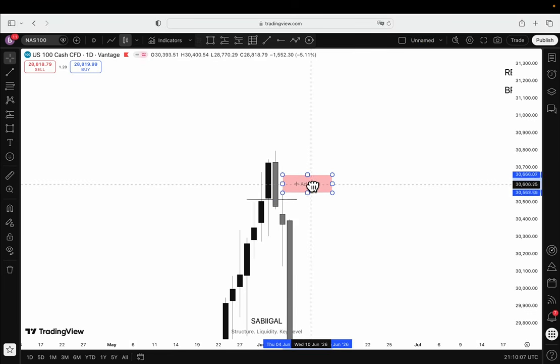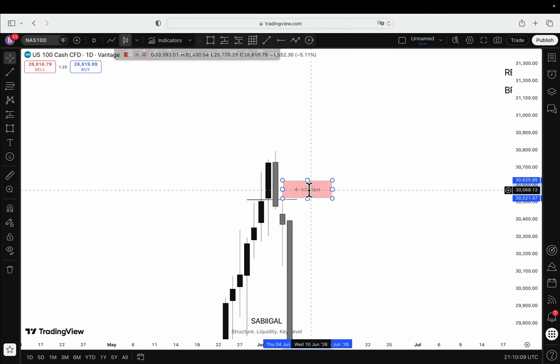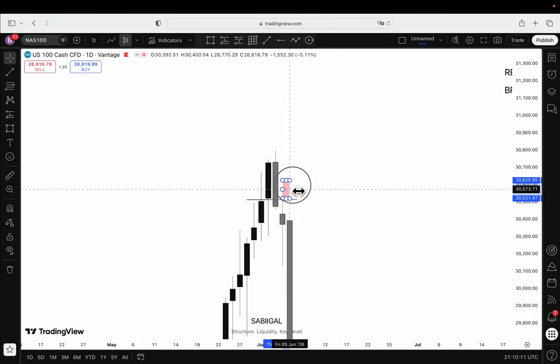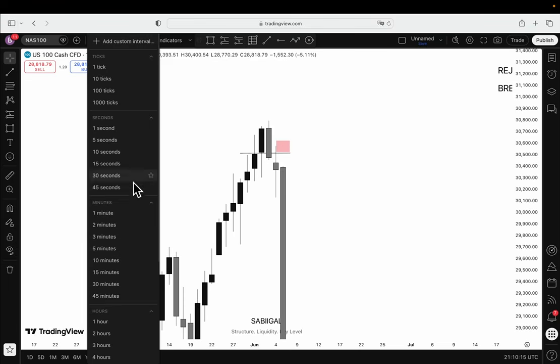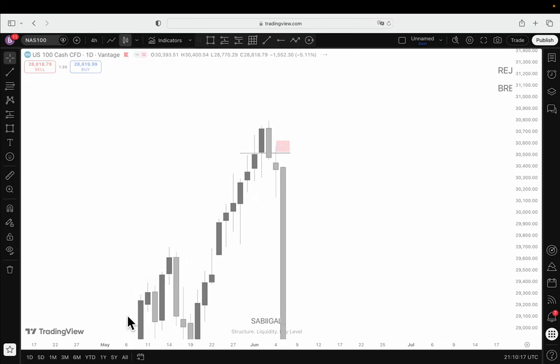I don't want it to touch the other candle. Let me just leave it like this. So now we go to the 4 hours to look for our breakout.